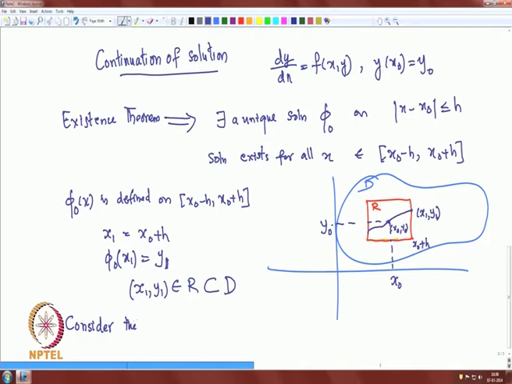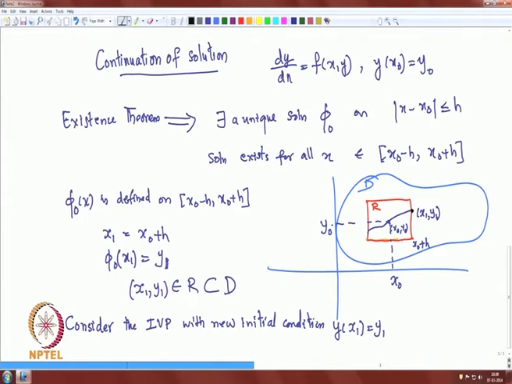So consider the initial value problem with a new initial condition, y at x1 is y1. We are going to start a solution from the new point x1, y1. Now again apply the existence theorem.